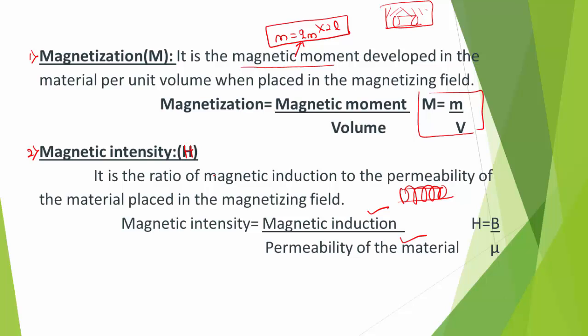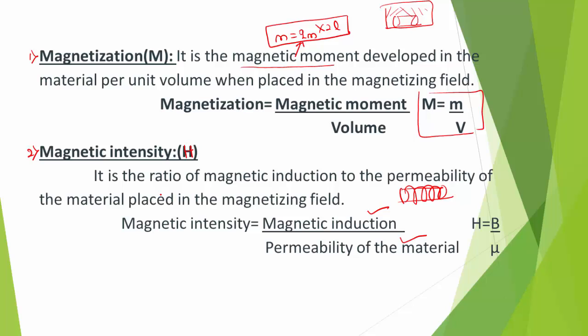When we take the ratio of the magnetic induction to the permeability of the material, we get the intensity of that magnet.